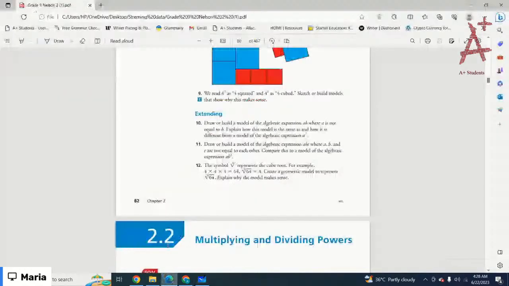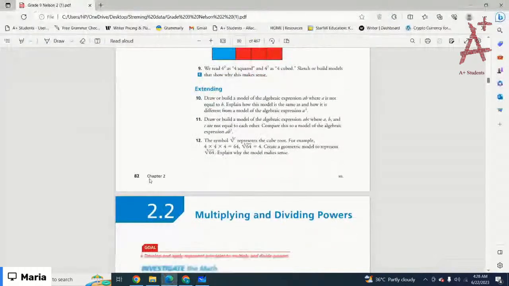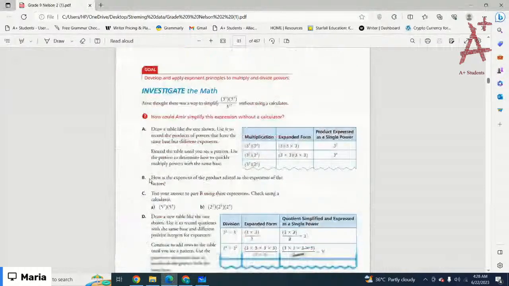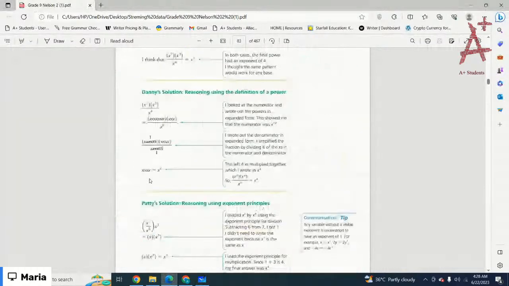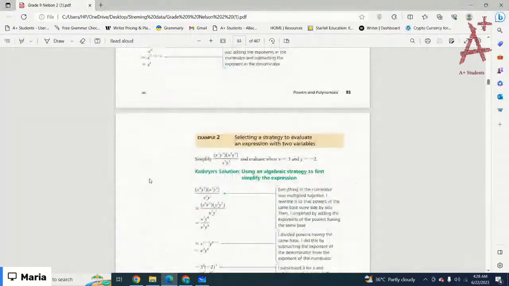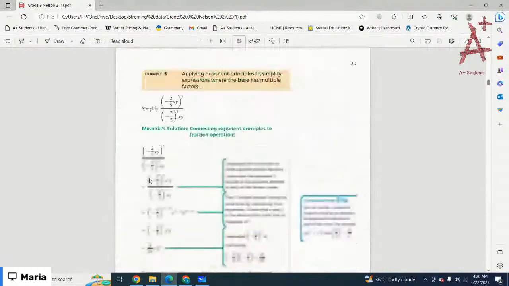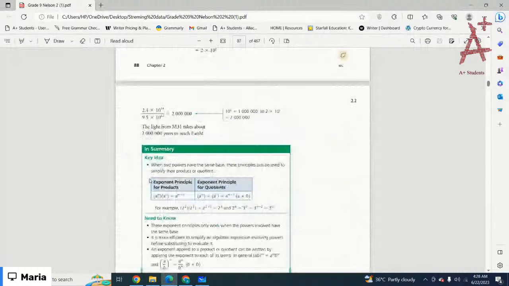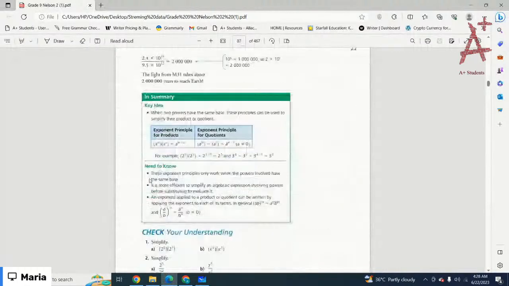Okay, let's just move on to the next lesson, that is multiplying and dividing powers, 2.2. Let's move on to practice questions. So here are the principles we can apply for the exponents.